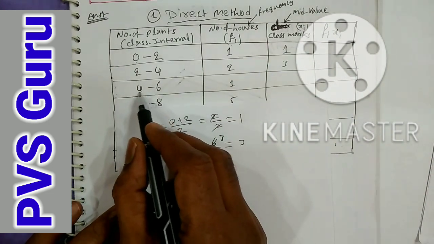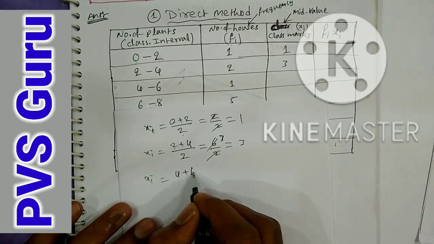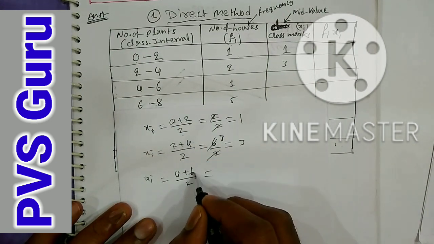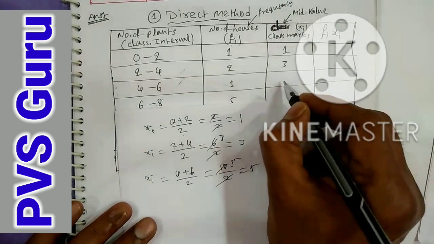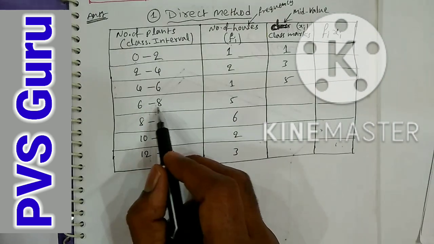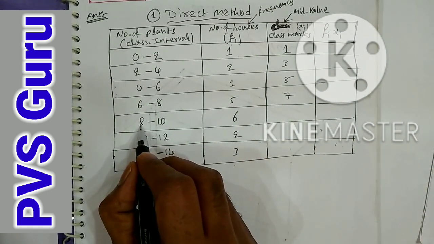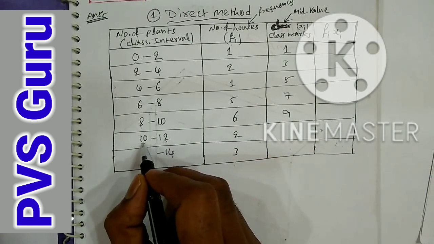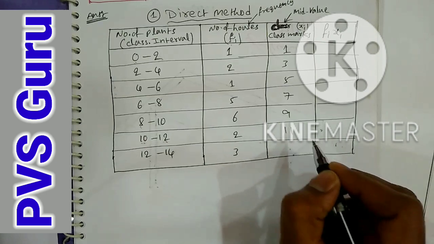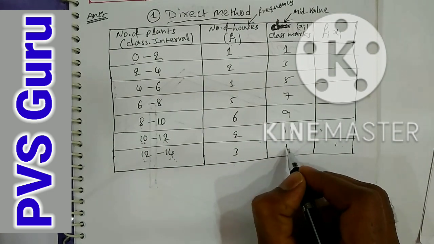Now the third value, xi is equal to 4 plus 6 by 2, which is 10 by 2, which is 5. Similarly, 14 by 2 is 7. 10 plus 8 is 18, 18 by 2 is 9. 10 plus 12 is 22, 22 by 2 is 11. 12 plus 14 is 26, 26 by 2 is 13.